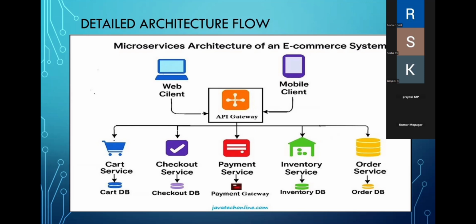For example, in Flipkart, Amazon, and Myntra, we add items to the cart, and it is stored in the cart database. Checkout services like order details are saved in checkout databases. Payment services is where we give a payment gateway.